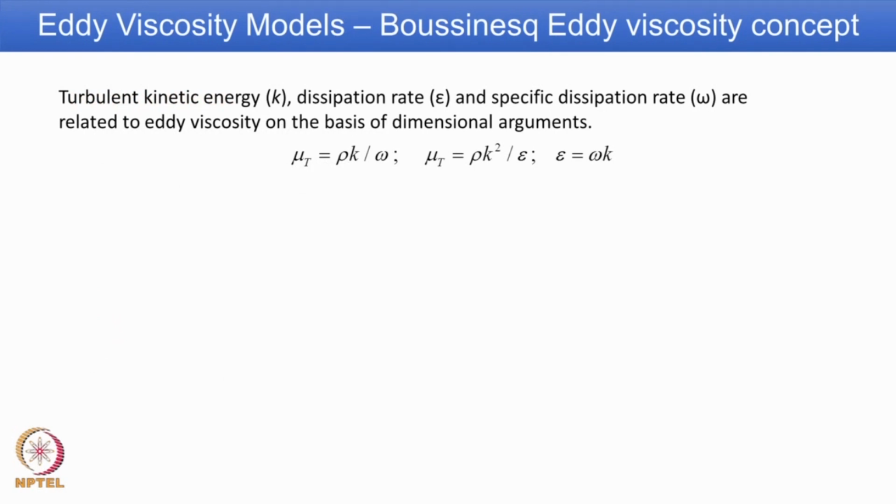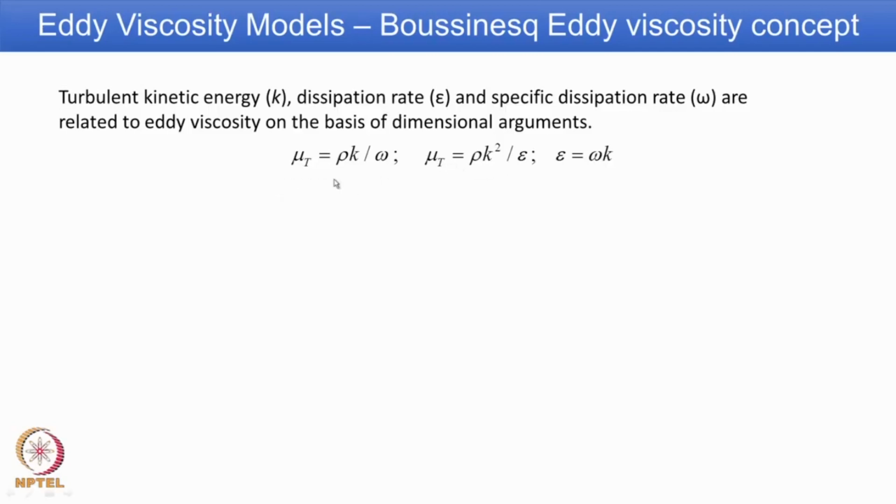Just to recall what we did in the last few classes, we defined a term called turbulent kinetic energy, using the symbol K, dissipation rate epsilon, and specific dissipation rate omega, and they are all related to eddy viscosity on the basis of dimensional arguments as shown here.